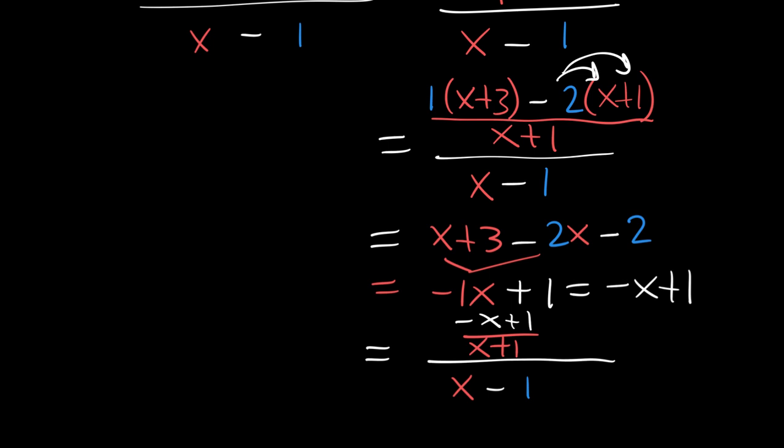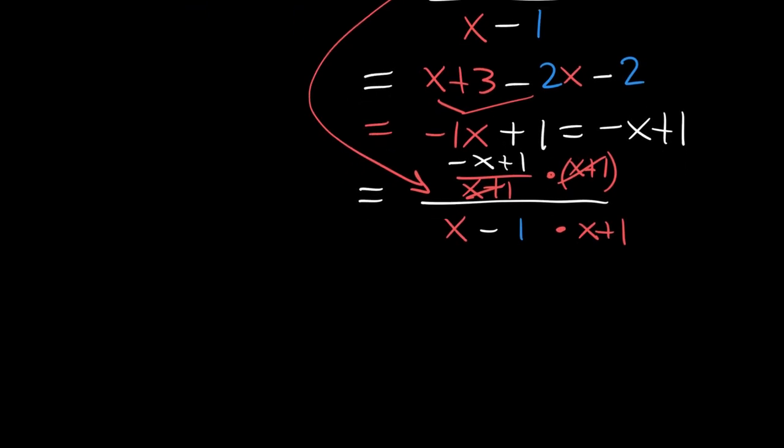So I'm looking at all this coming down here. What I would do is multiply this by x plus 1 and multiply this by x plus 1. So these would cancel, and what we have is negative x plus 1 on the top. And then on the bottom, we have x minus 1 times x plus 1.